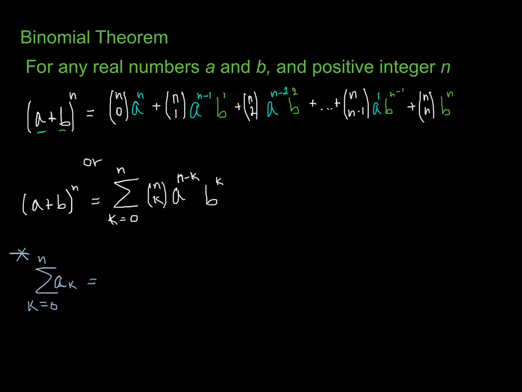And we also notice that each of those pieces changes by only 1 as we move from term to term. So n choose k, in other words, what this value is, 0, 1, 2, all the way to n, changes by 1 and increases. The exponent of a, which starts at n, decreases by 1 each time. And the exponent of b increases by 1 each time.